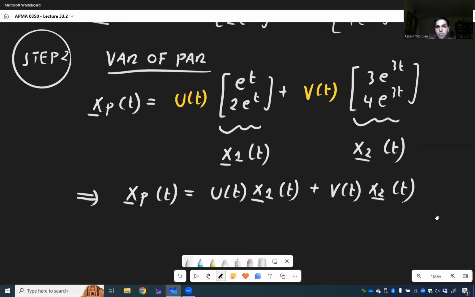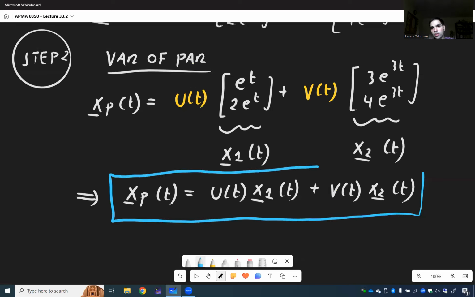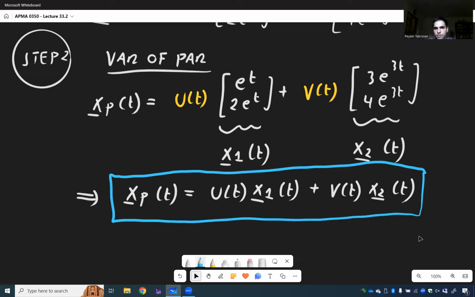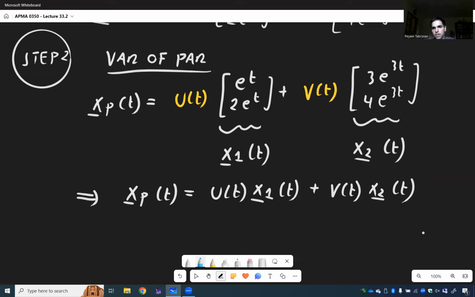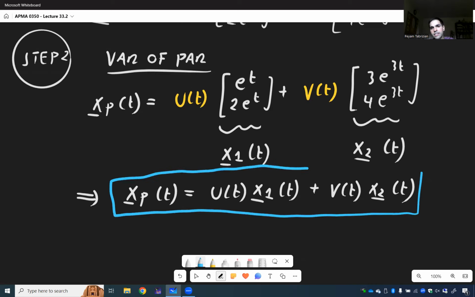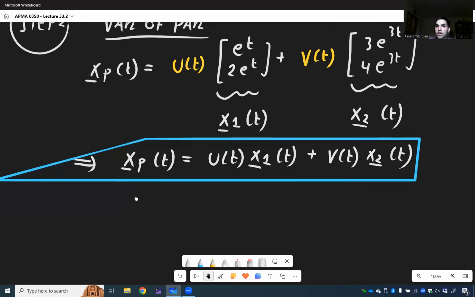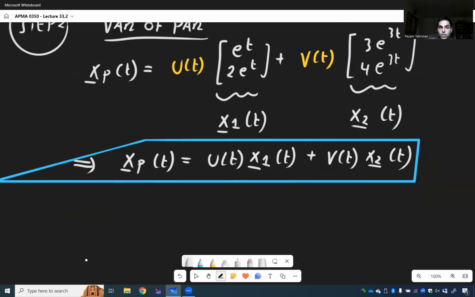And the idea is simply to plug this formulation into the ODE. But before we get all lost in the calculation, you have to remember what x1 and x2 are. They are homogeneous solutions.